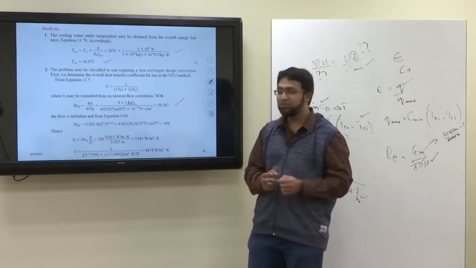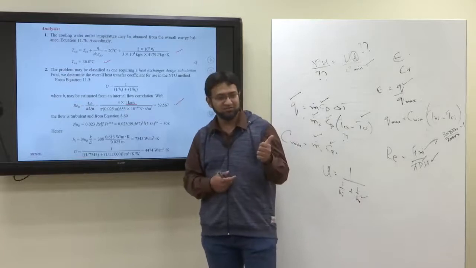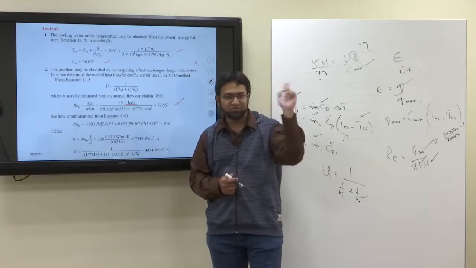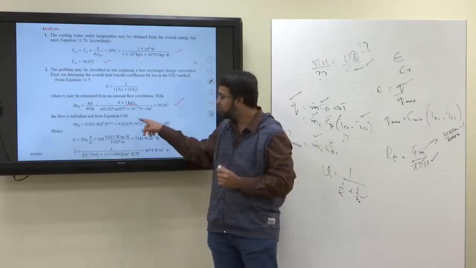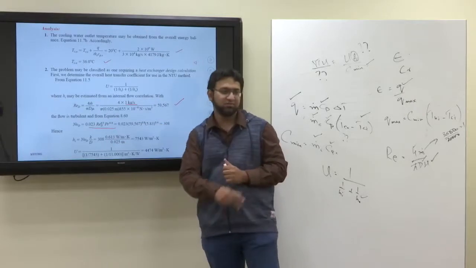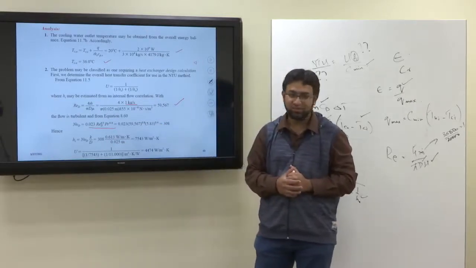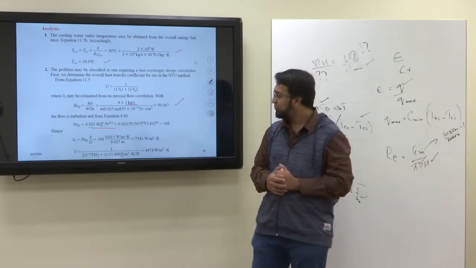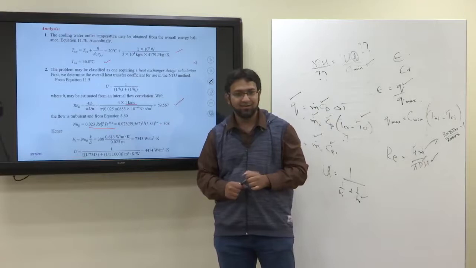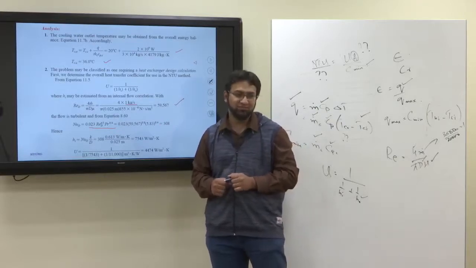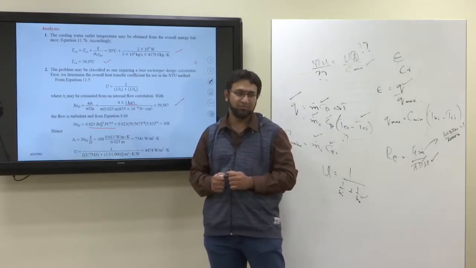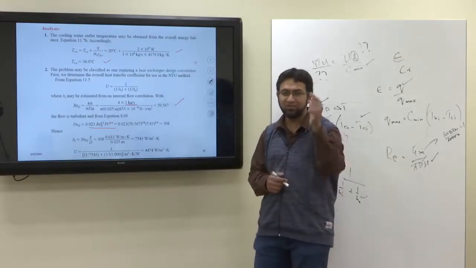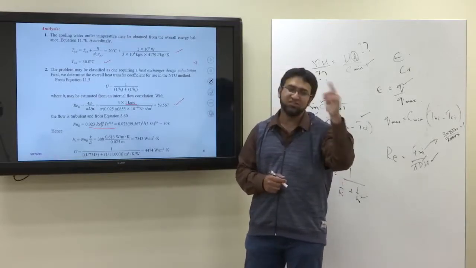Now we know it is turbulent, and we know the Prandtl number. There are 3 equations in chapter number 8, and based on which you will decide which one to use. Basically it will be the Dittus-Boelter equation: 0.023 Reynolds number power 4 by 5, Prandtl number power n, where n is 0.3 or 0.4 based upon whether it is cooling or heating, that is, whether Ts is greater than Tm or Ts is less than Tm.